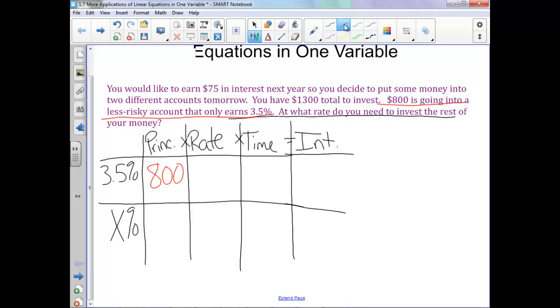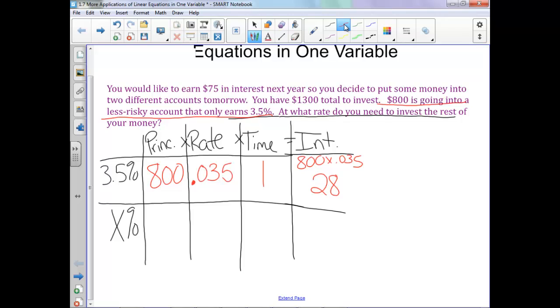Our rate is our 3.5%, but we want that as a decimal. So remember, you've got to move your decimal place 2 spots. Your time is 1 year. So our interest is just going to be multiplying this across, this 800 times 0.035, which equals 28.